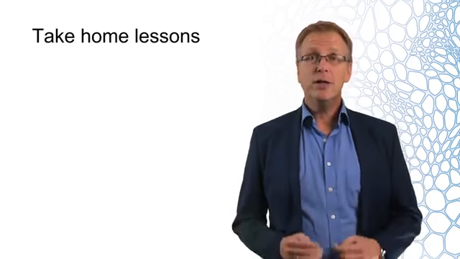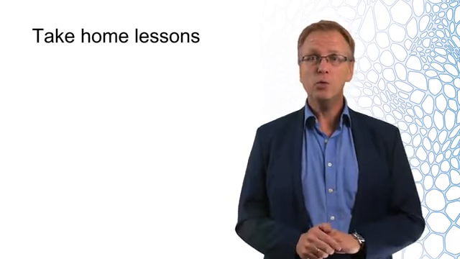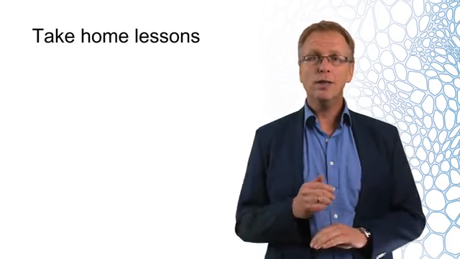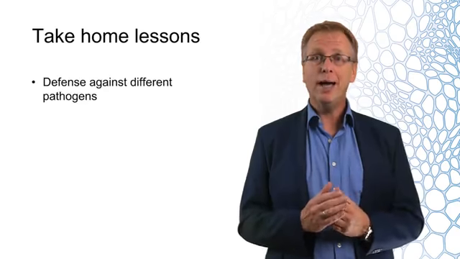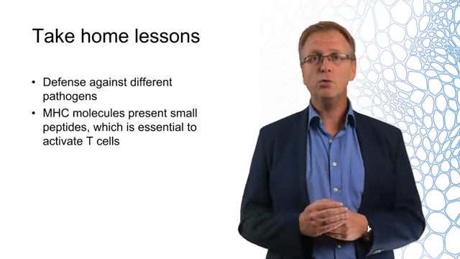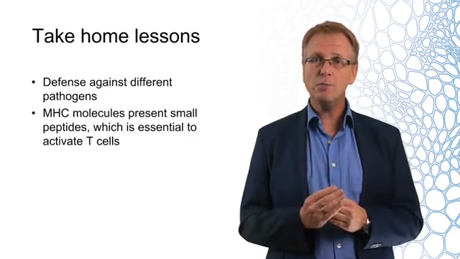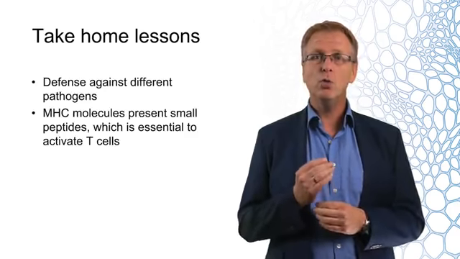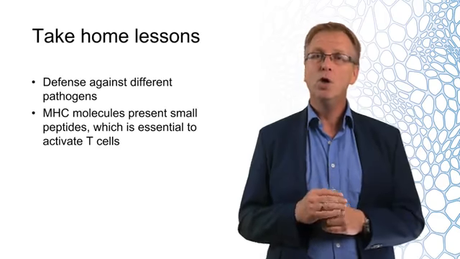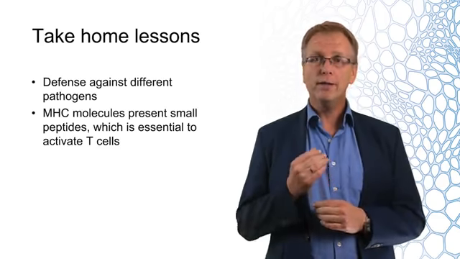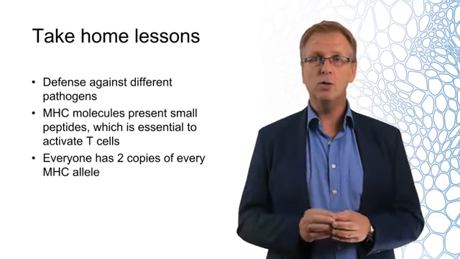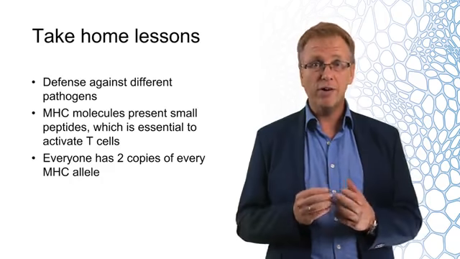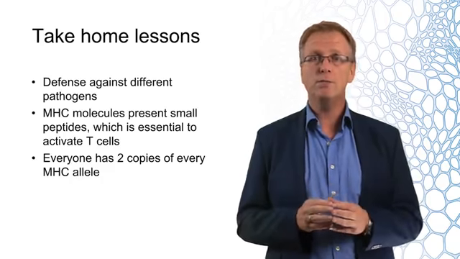So this lecture has given you an introduction on the immune system. We saw that the immune system defends ourselves against different pathogens and that the MHC molecules present small peptides of these pathogens, which are essential to activate T cells. We've also learned that an individual only has 2 copies of every MHC allele, whereas MHC genes are very polymorphic within the population.